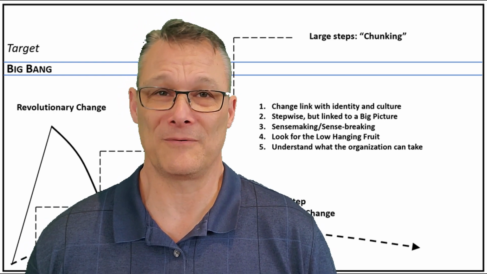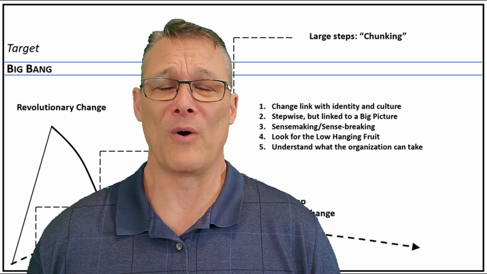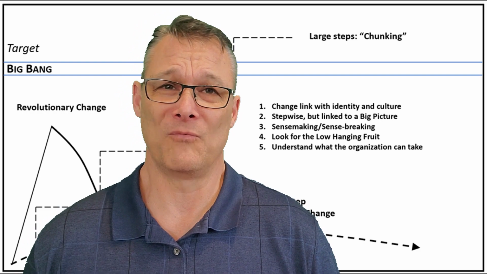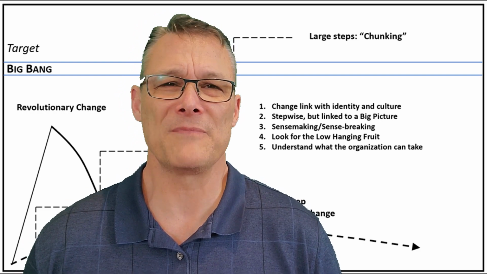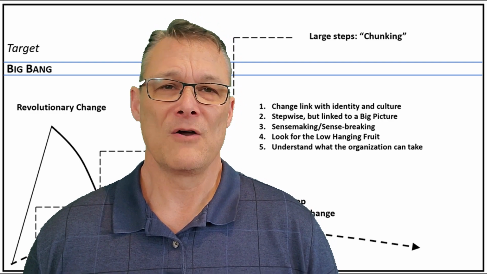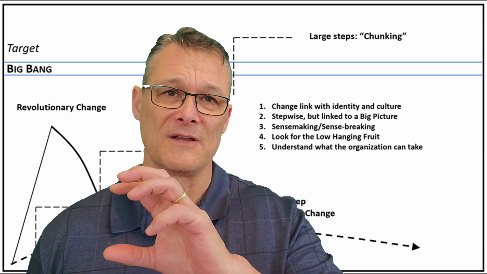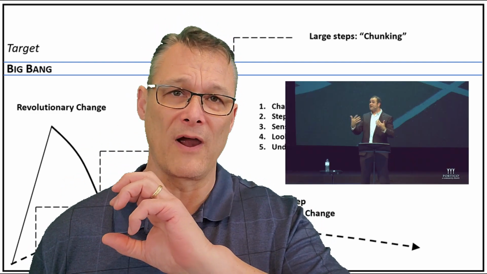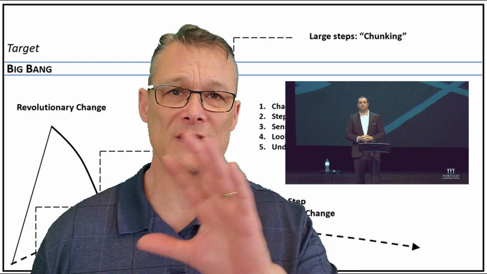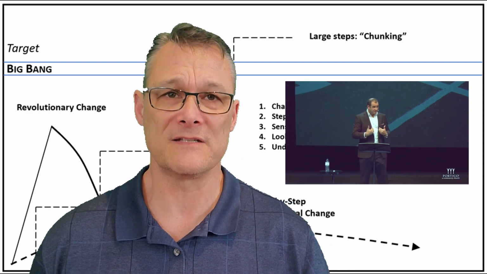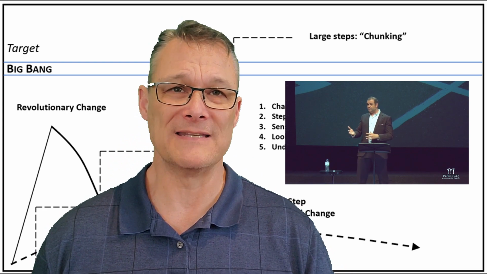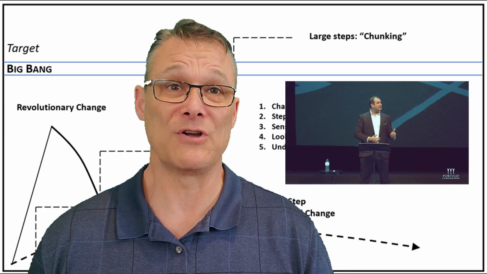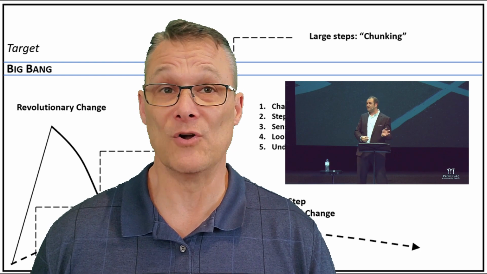So I'll give you an example. We're going over to a different style of working. Let's say you're implementing an agile organization or something like that. What you may do is have one chunk where you've introduced this whole concept and you are getting people's minds in the right place and showing them why this would be a good thing to do.